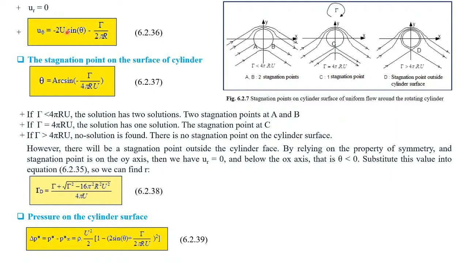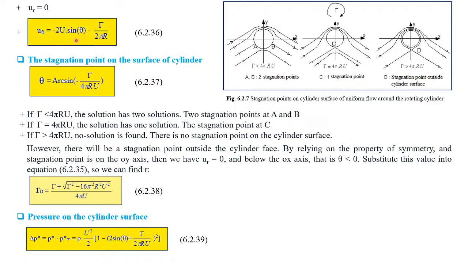And now we find the stagnation point on the surface of the cylinder. The stagnation point is the point at a location where the velocity is 0. So you set this one to 0 and this one to 0, and you find the stagnation point on the surface of the cylinder.